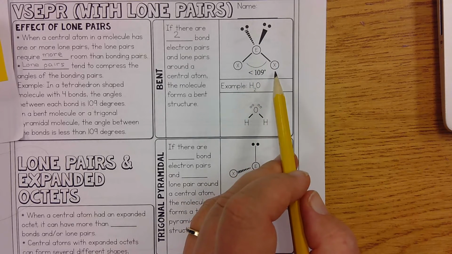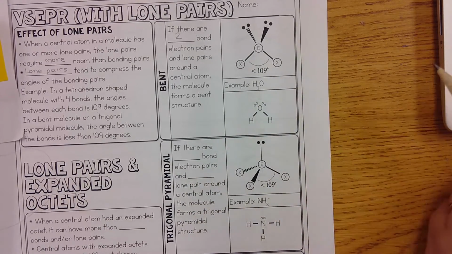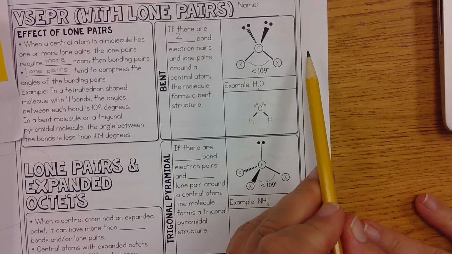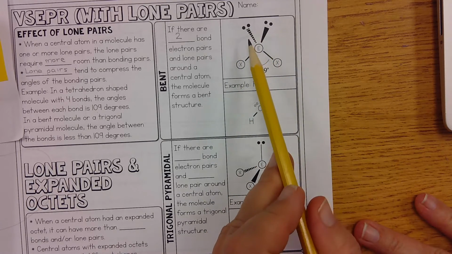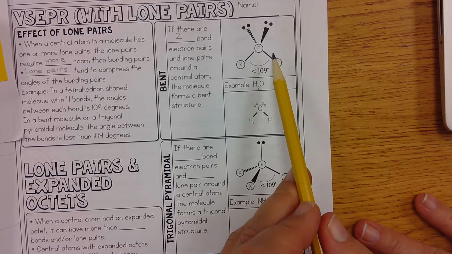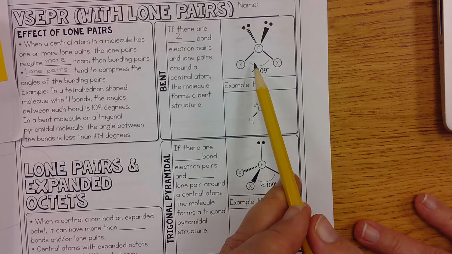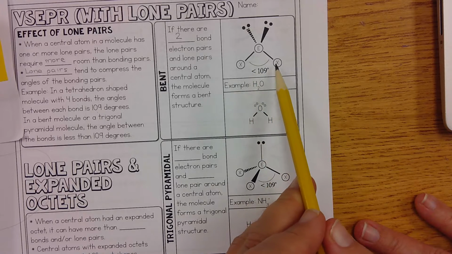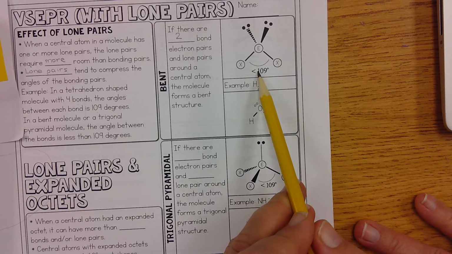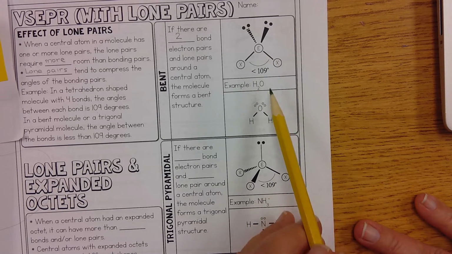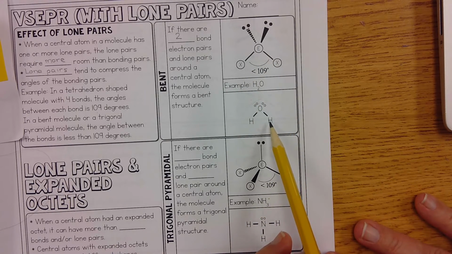So they squish what would have been, and what was in the last section with no lone pairs, a straight line. These lone pairs squish the two bond angles together. So before they were 180, now they're less than 109. The lone pairs squish them together to get this bent shape as opposed to linear.